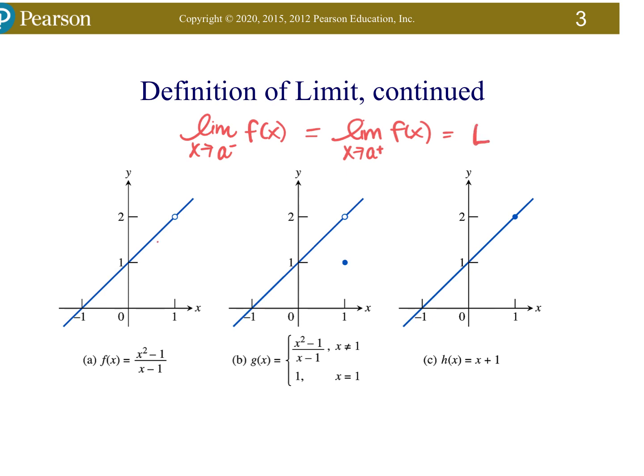And so on the graph, in this first example, the left limit approaching 1 from the left and approaching 1 from the right are both approaching the same number. And so we say that value is L and that value exists. In the second example, approaching from the left and approaching from the right also approach the same value, and that value is L. Now, there's a distractor value down here.